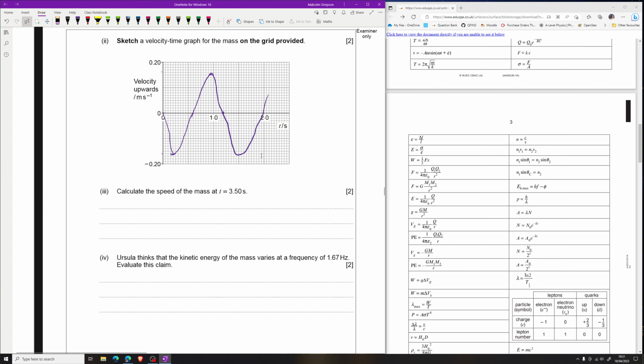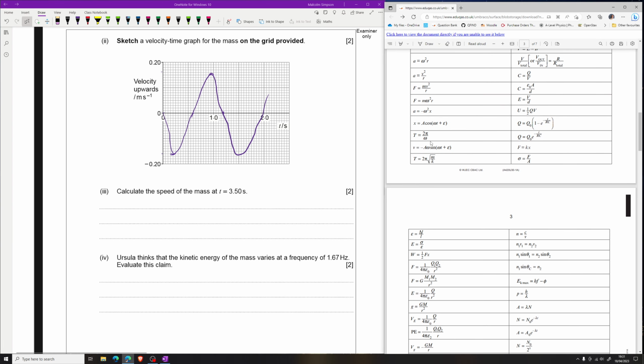It's a minus sine. Calculate the speed of the mass at this time. No problem here. We just use our equation from the formula sheet, and we've got a time to fill in. So v is going to be equal to minus A omega sine omega t.